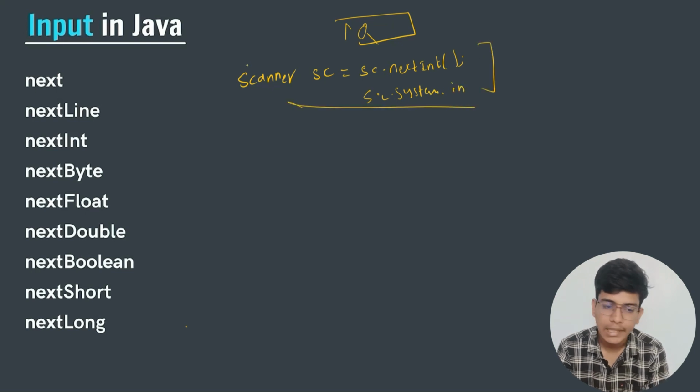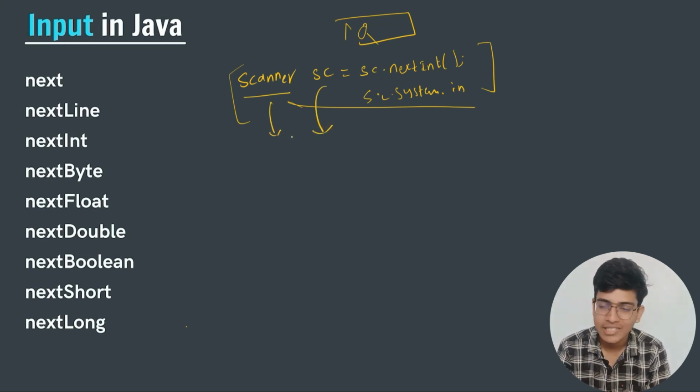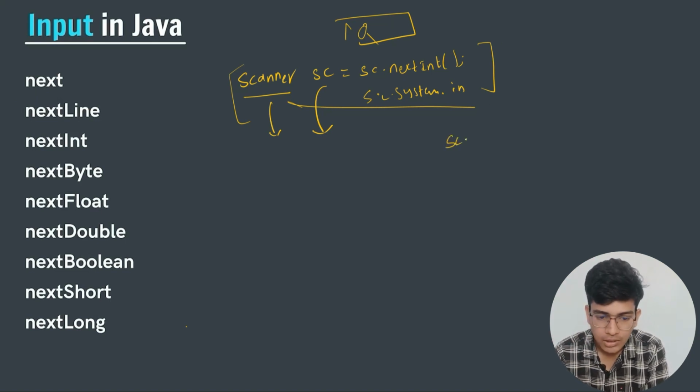This is how I will create an object. Suppose I want to get an integer as my input, then I will write sc.nextInt. Here Scanner is a class and sc is the object name. I know you won't understand what a class and an object are for now, but just memorize the line.